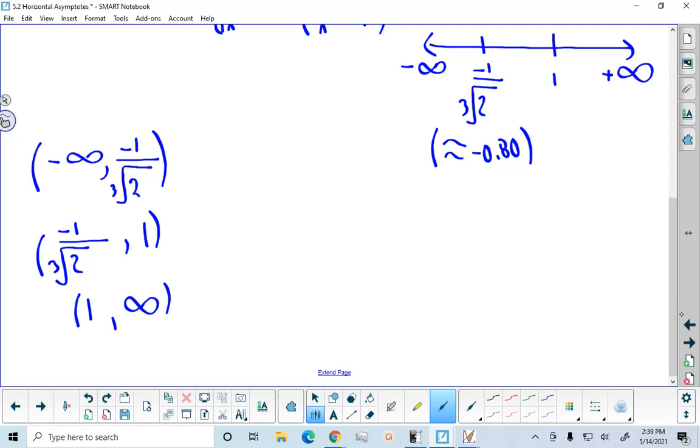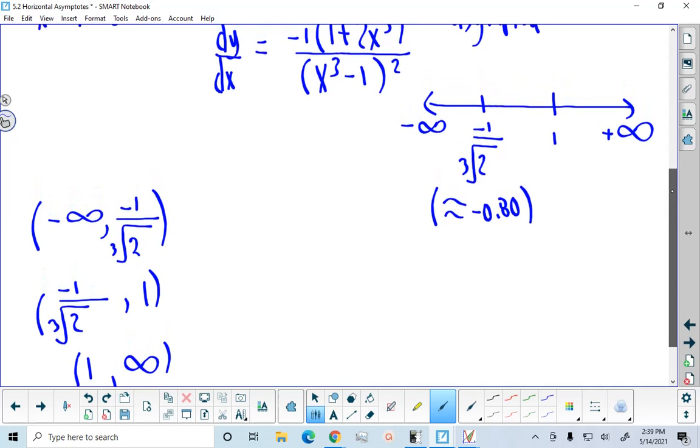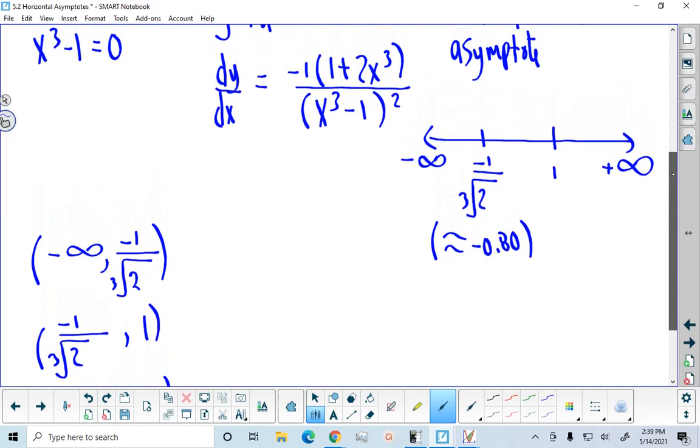Double checking a few things. Are my critical values in the right order? They are. Are my critical values correct? -1 over 2, take the cube root, and 1, yes, they are.